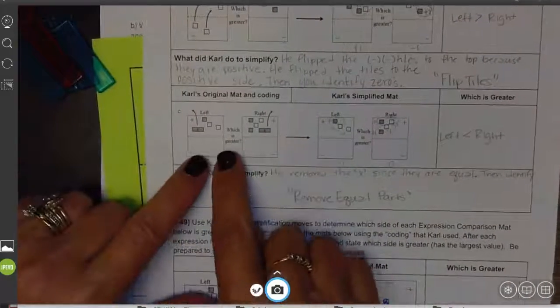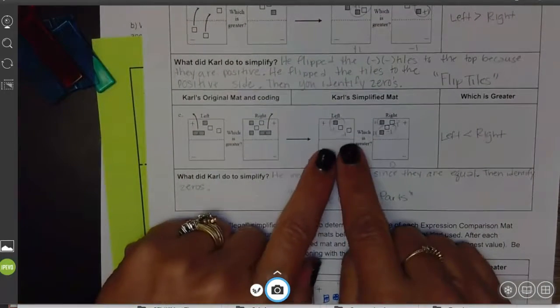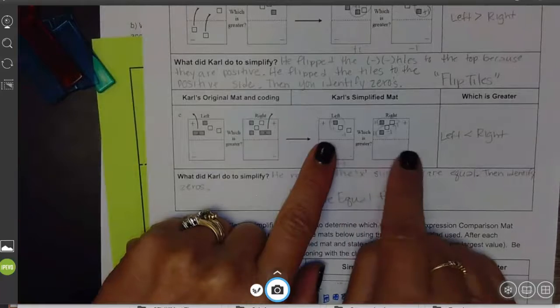So it started like the way we have it mapped out, but then it's just left with these. So this is the simplified mat. And that's what you also see in your ebook.